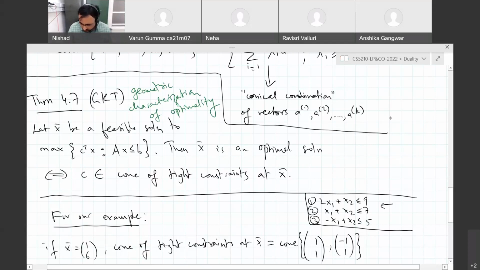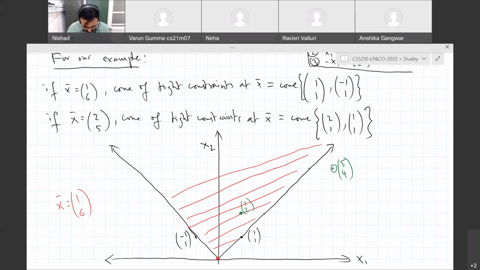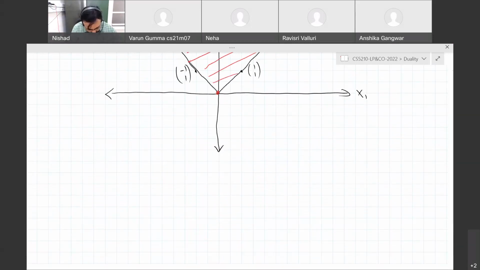All right, and I want to give you a do-it-yourself problem to use the cone of tight constraints and try to figure out for yourself what's going on. So here are some do-it-yourself problems.